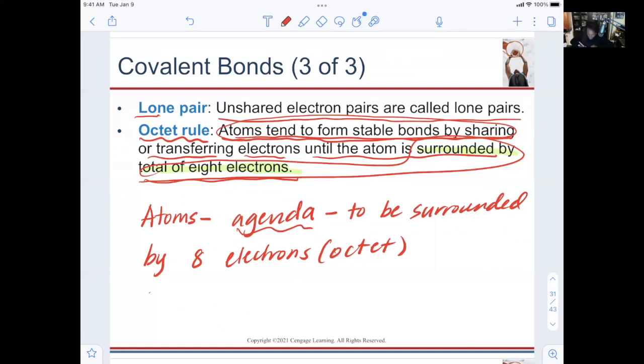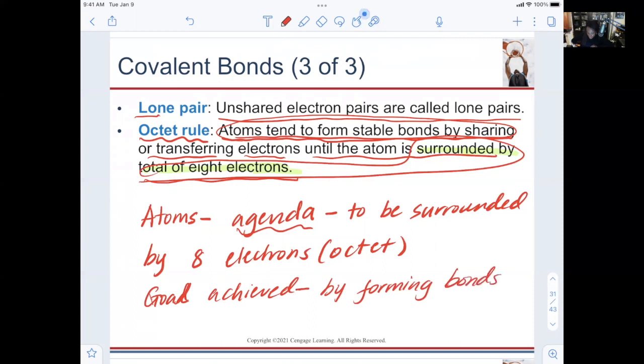So goal achieved by forming bonds. Okay. And the question is how?